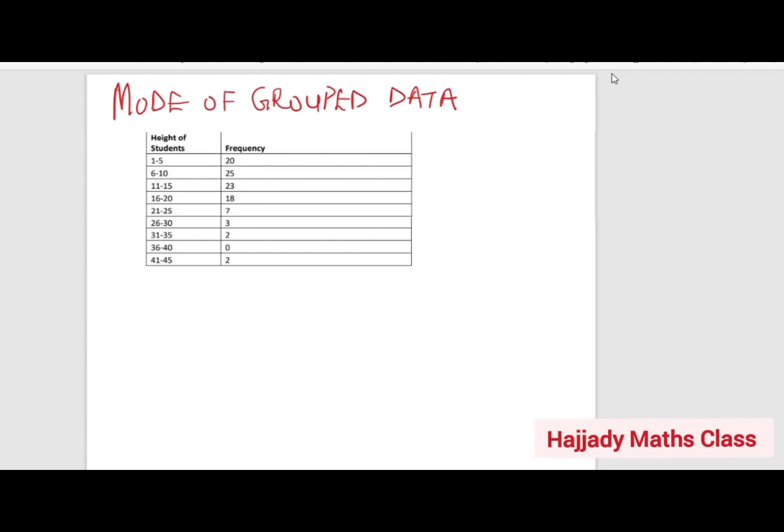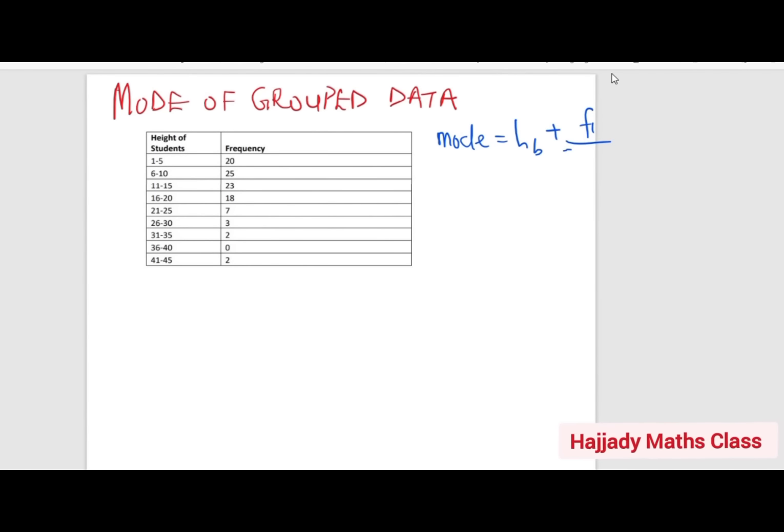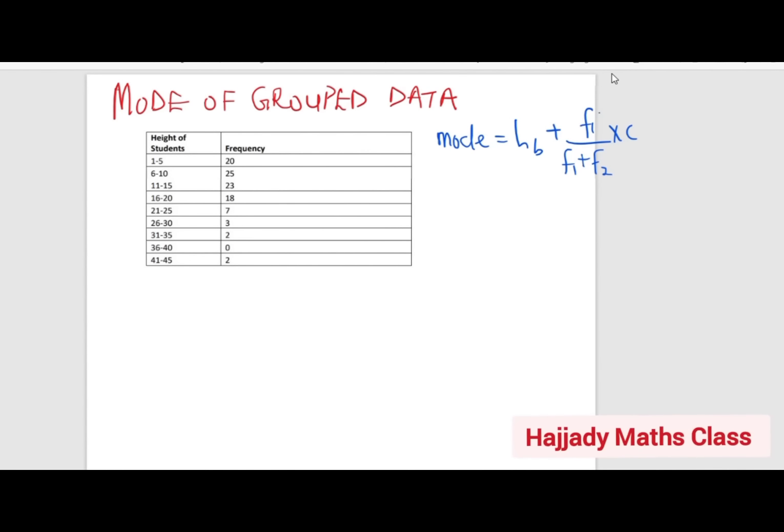And the formula for our mode of group data, we have that mode equals the lower boundary, LB, plus F1 over F1 plus F2 multiplied by C. We can put this in a bracket for easy computation.